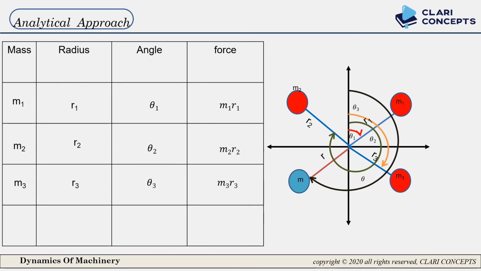Here you can see I have written the 3 masses in the system, and the extra mass m, placed at radius r and angle theta, which produces force m r. But you don't know the values of m, r and theta. It means from the table there are 3 unknowns.